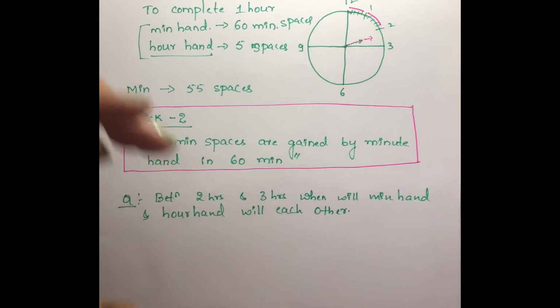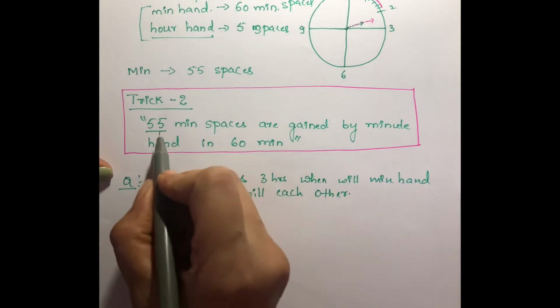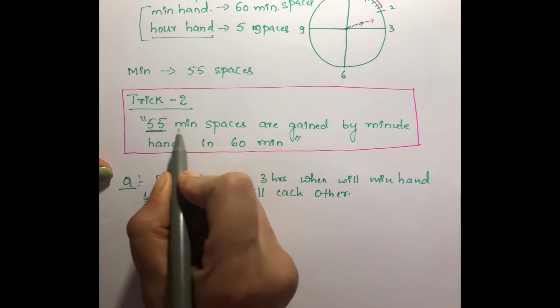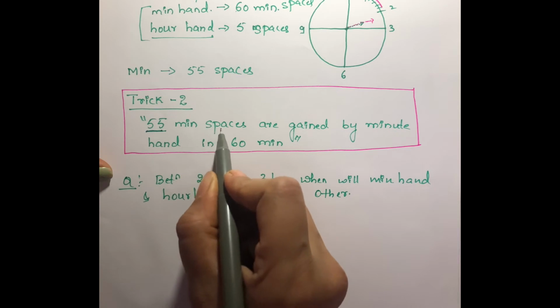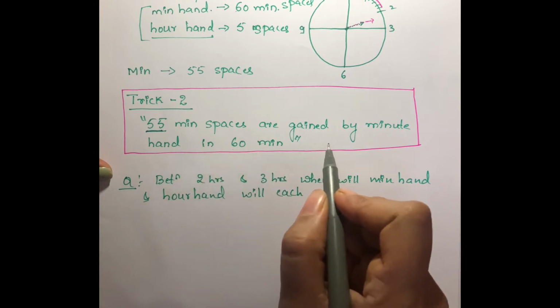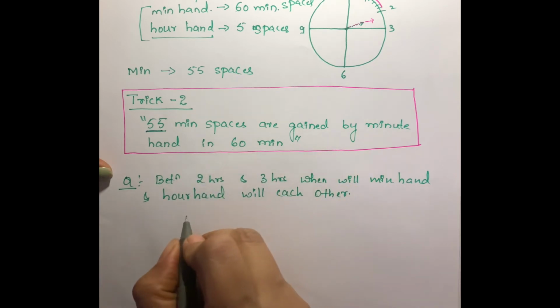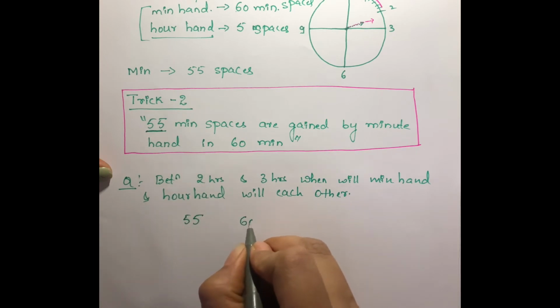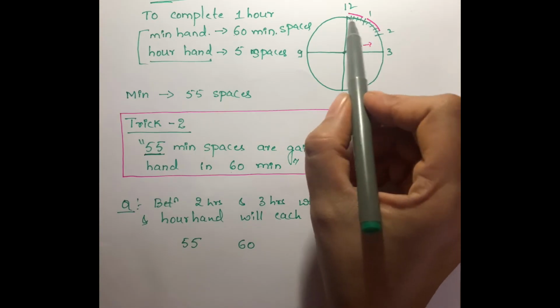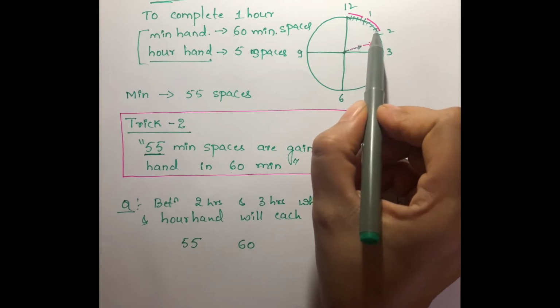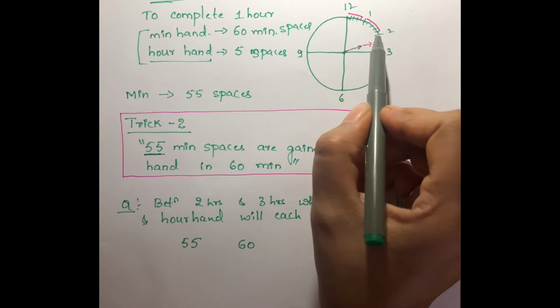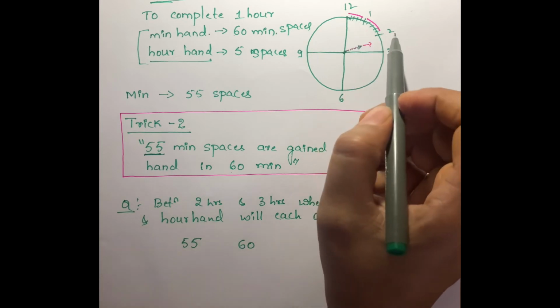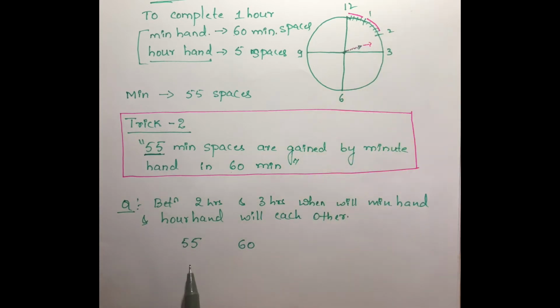So how do you frame it? See, 55 minutes or 55 spaces are gained by the minute hand in 60 minutes. So 55 spaces are gained in 60 minutes. Now, how many spaces has it traveled? It has traveled 10 spaces, isn't it? So 55 spaces are gained in 60 minutes.